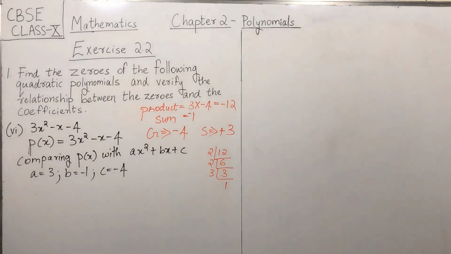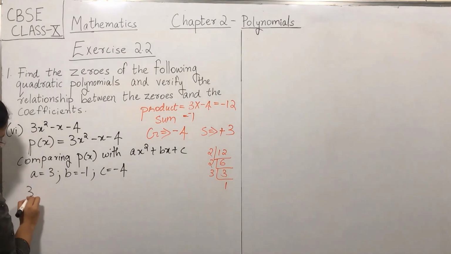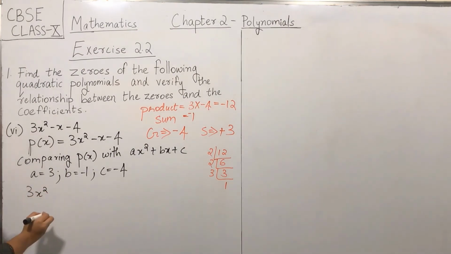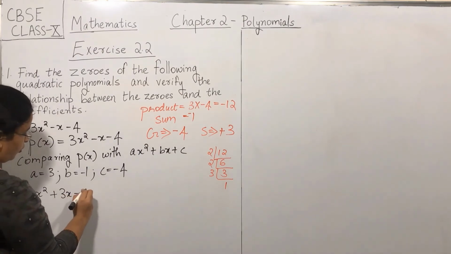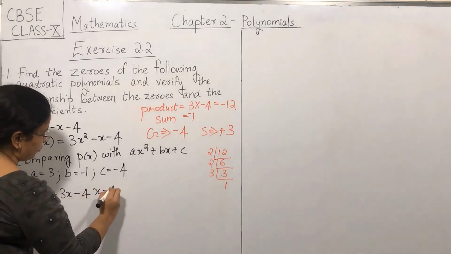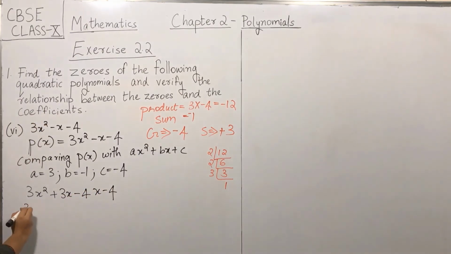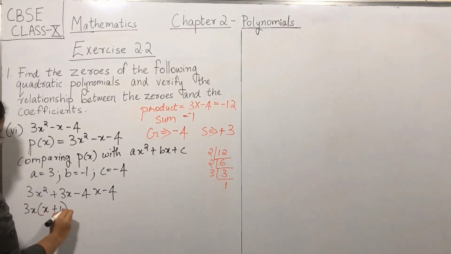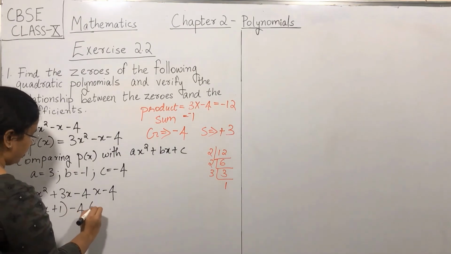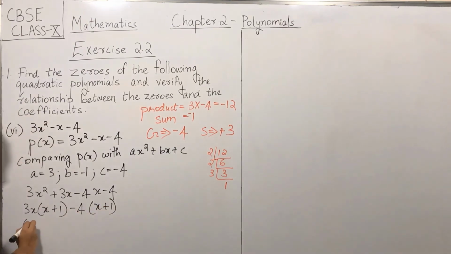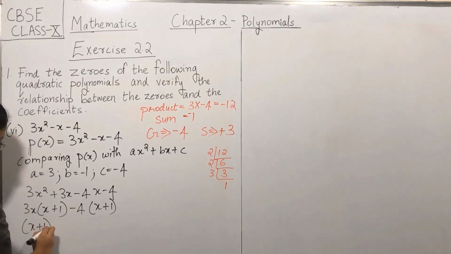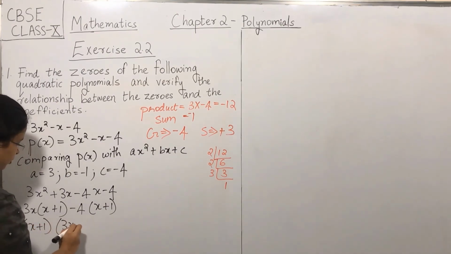Now we can split the middle term. 3x square plus 3x minus 4x minus 4. We can take 3x as common, here x plus 1. Here we can take minus 4 as common, here x plus 1. So x plus 1 into 3x minus 4.